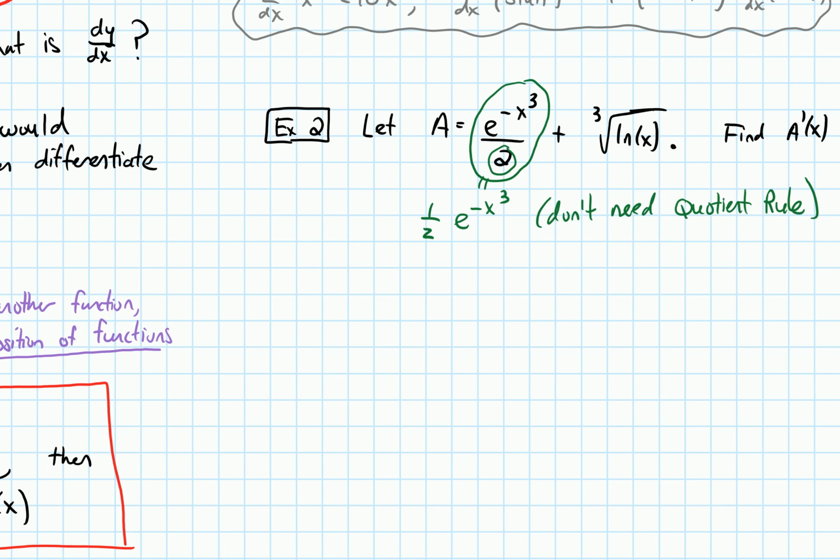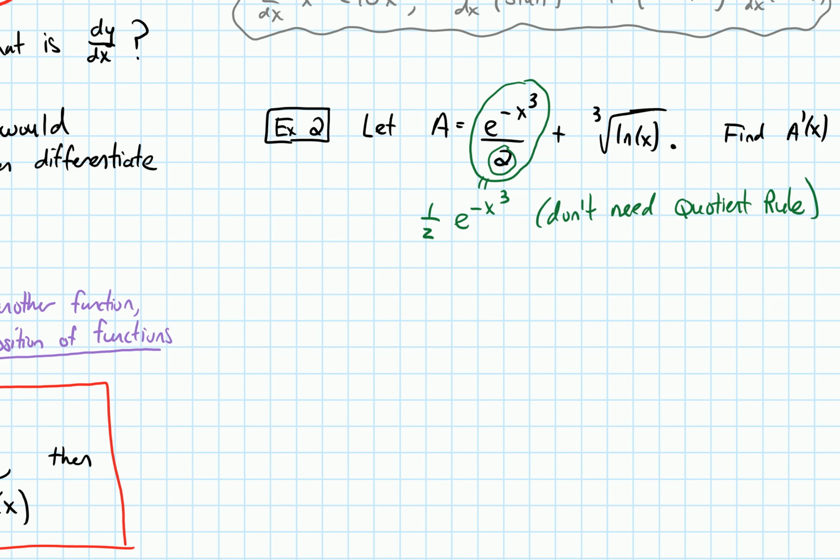So that's a tip. If either the denominator or the numerator of your fraction is a constant, we can typically just move that constant to the front, and what's left over is typically in a form where I don't need the quotient rule anymore. That's helpful to keep in mind.